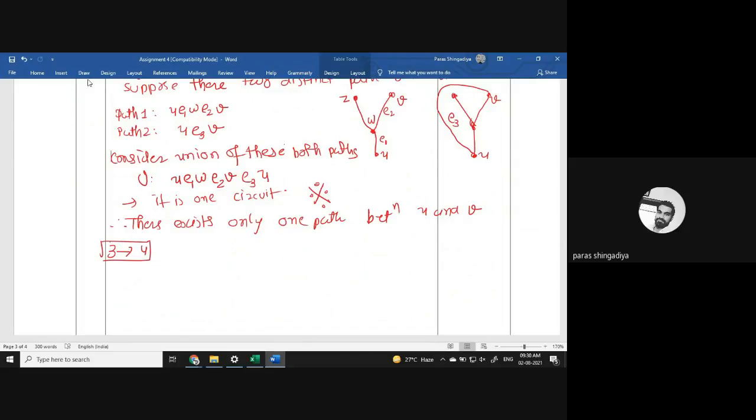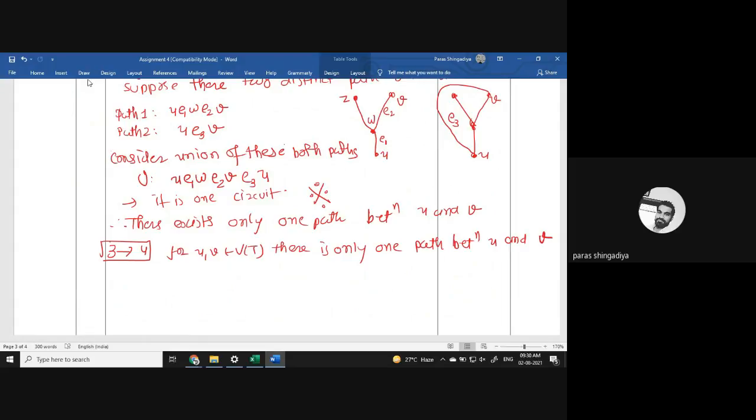Okay, 3 में आपके पास क्या है कि for U, V belonging to V of T, meaning the vertex set, there is only one path between U and V. That is our result.